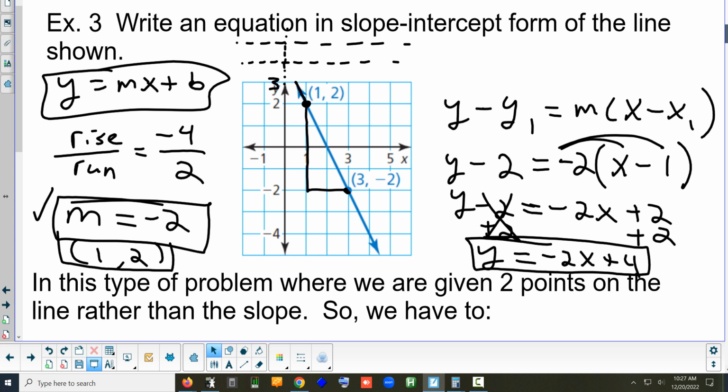If I continue this line, it looks like it crosses exactly at 4, because that's my y-intercept. Now you can't just draw it like that and assume it's 4. You have to figure it out this way, because what if it was like 20? That's way off the graph, so we're not going to be able to figure it out. Any question on that one?